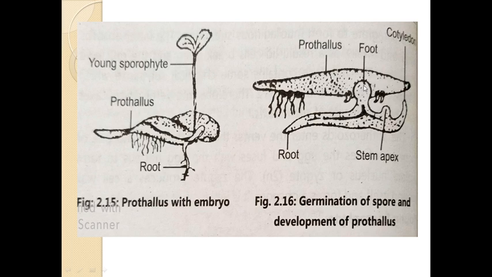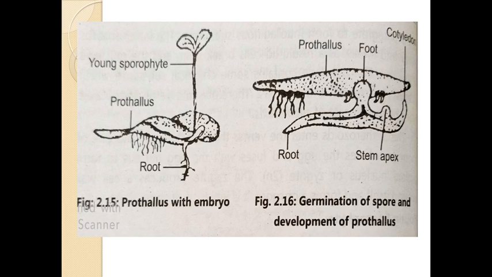This foot is embedded into the prothallus and absorbs nourishment for the developing sporophyte till it becomes independent. Therefore, initially the sporophyte is dependent on the gametophyte, but later on the root enters into the soil, while the cotyledon and stem apex come up through the notch of the prothalli and develop into the young sporophyte.